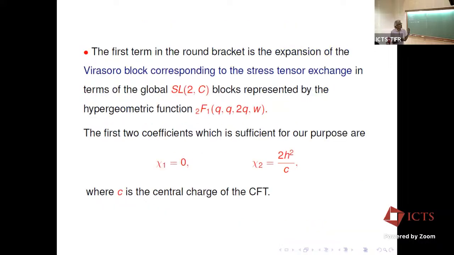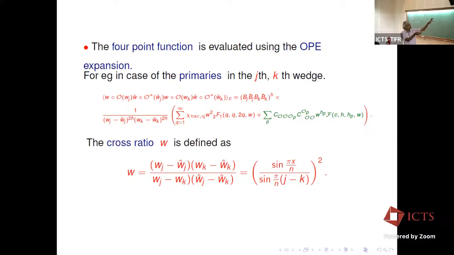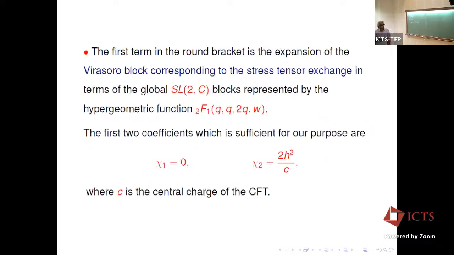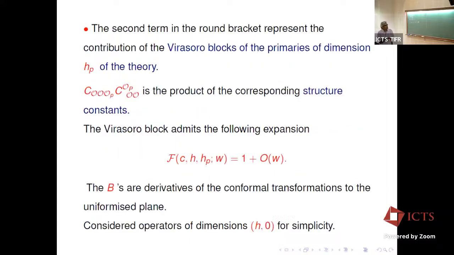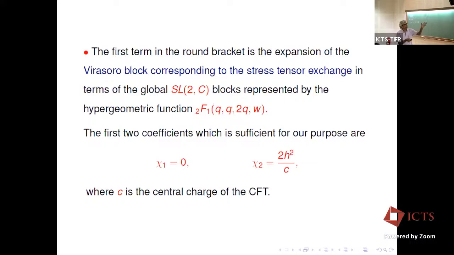If we are interested in external primary operators, then these conformal transformations are simple. Otherwise, they are more involved, except that you have to keep track of them. And you can write this expansion in this manner.